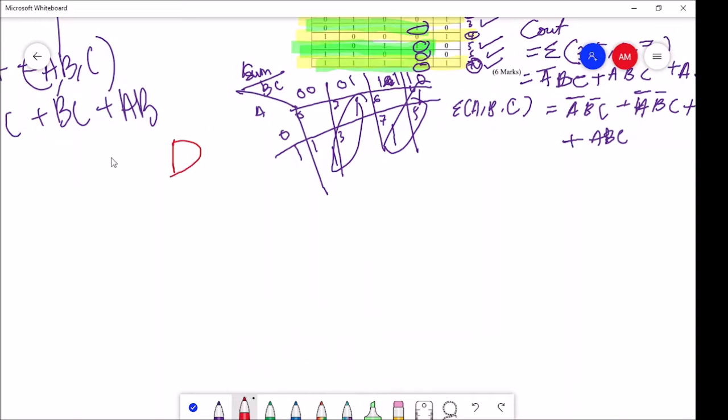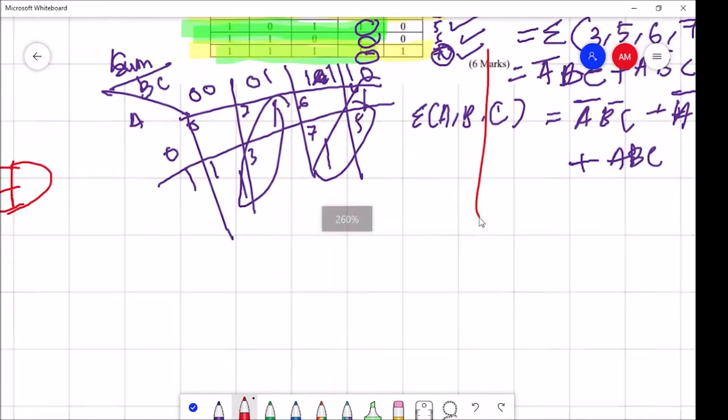Now let's draw the circuit. First circuit is using the inverter circuit. The inverter circuit is for the sum of products. We will use an AND gate for every output.